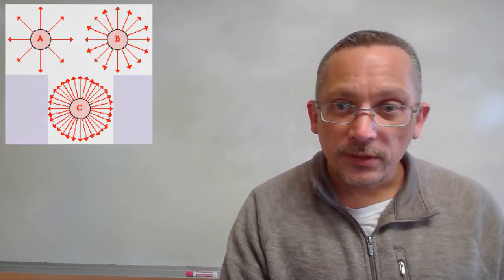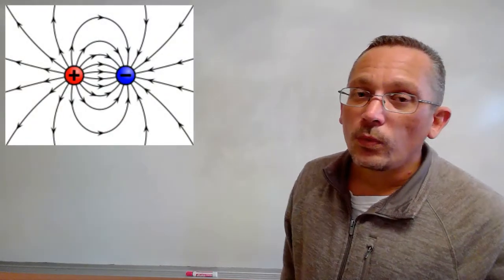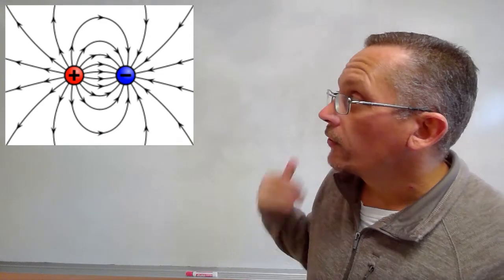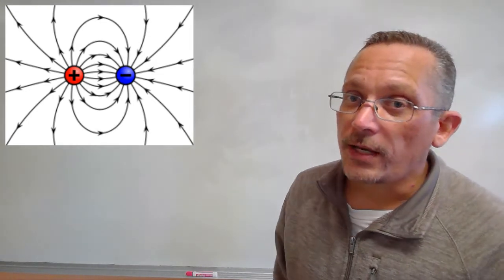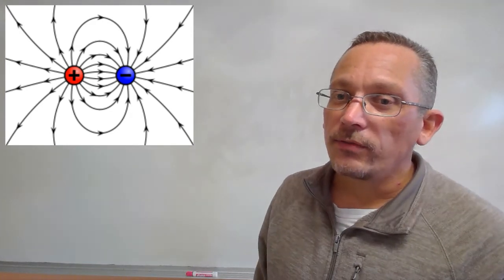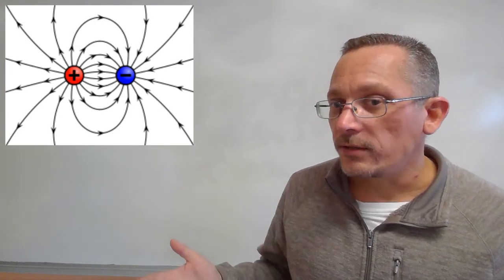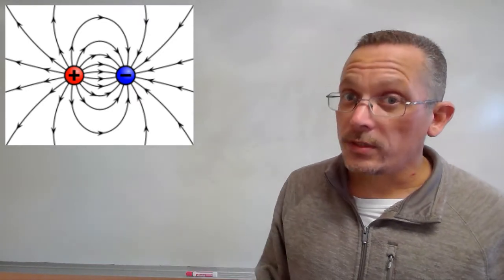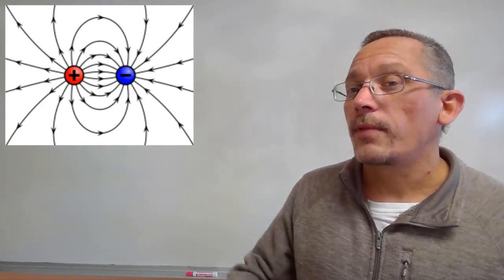We can also describe what it looks like when the electric fields from two different charges interact with each other. You can see in this picture here, there's a positive charge and a negative charge. The electric field lines will move away from the positive charge out in every direction, and they'll move towards the negative charge from every direction.